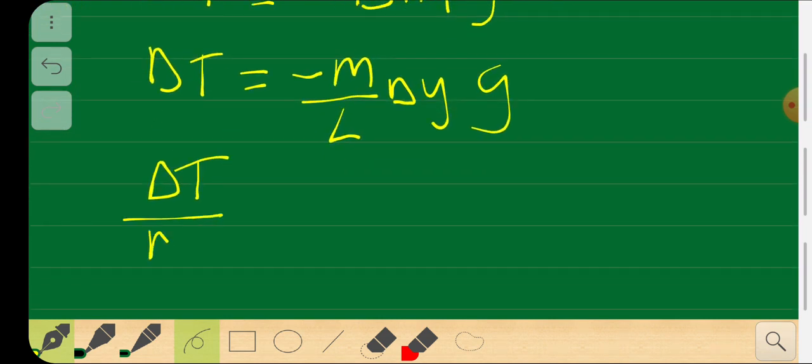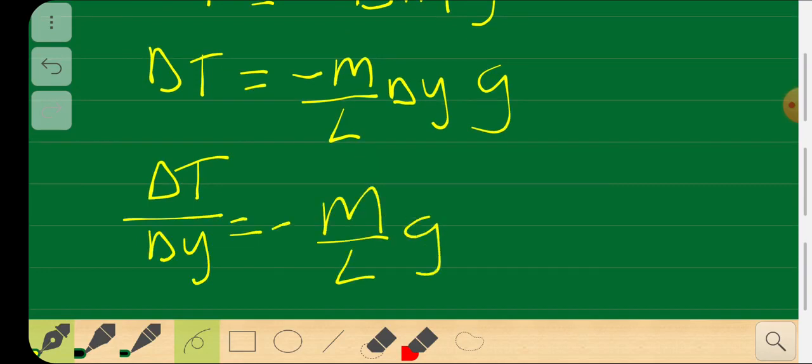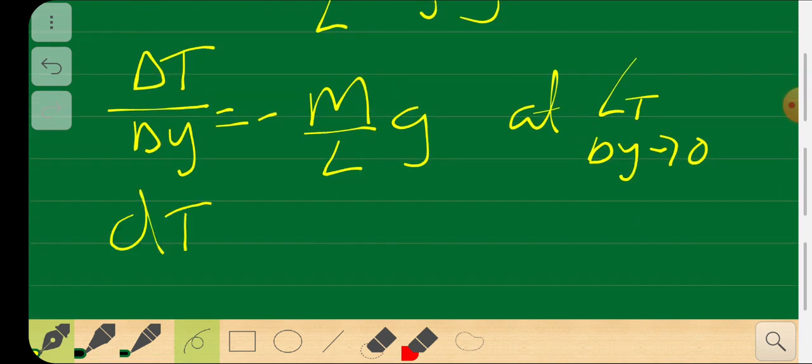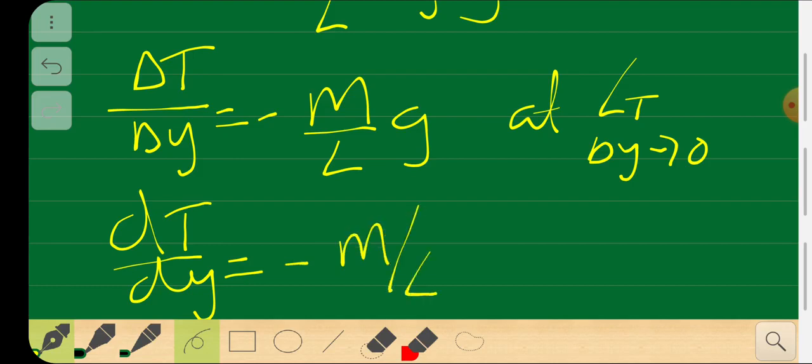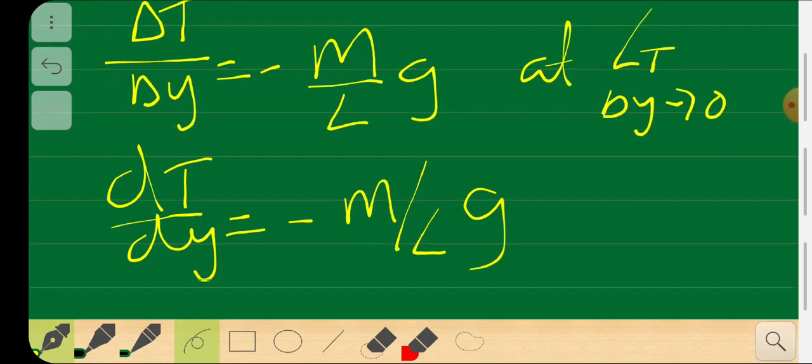Delta T by delta y must be equal to minus m by L g. At smaller values of delta y, for smaller changes in y, in the limit delta y tends to 0, this will become dT by dy, that is equal to minus m by L g. So we got that directly.